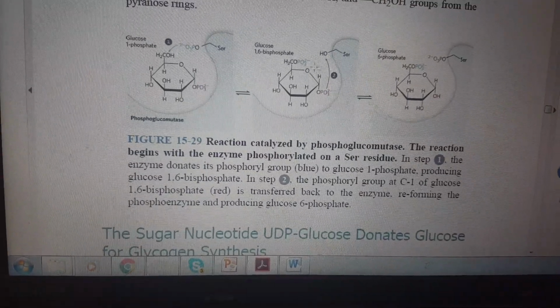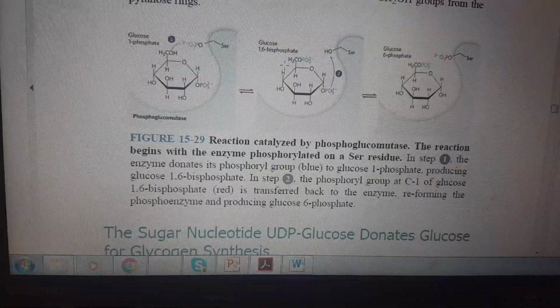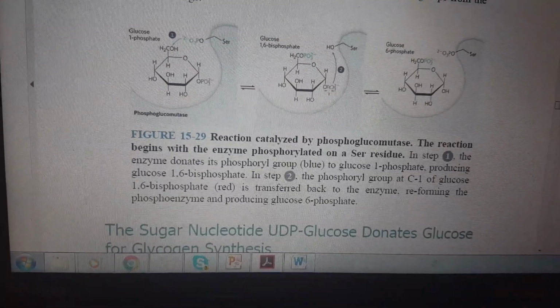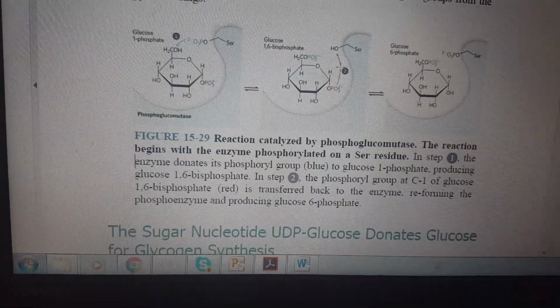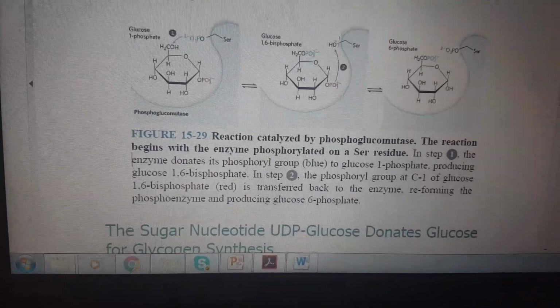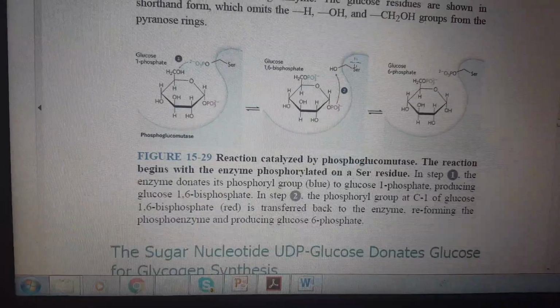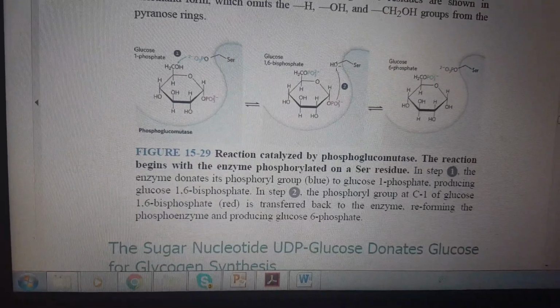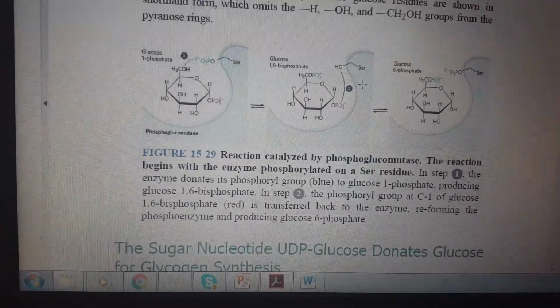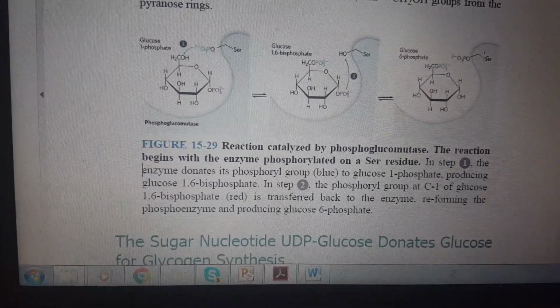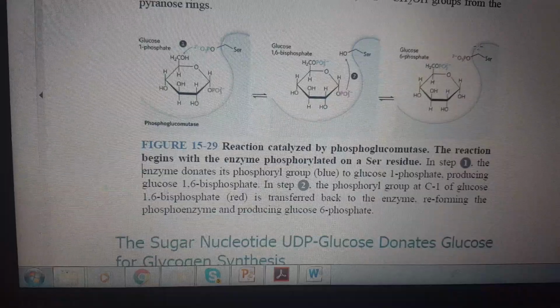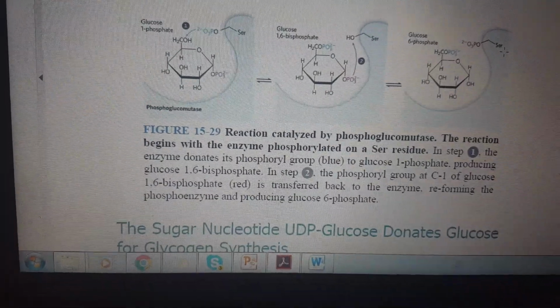So this molecule is very unstable, so it will tend to free another phosphate group back to the serine in the enzyme. It's going to be an electrophilic attack here, and the phosphate group is going to return to the enzyme, and this will be ready for another activity of phosphoglucomutase.